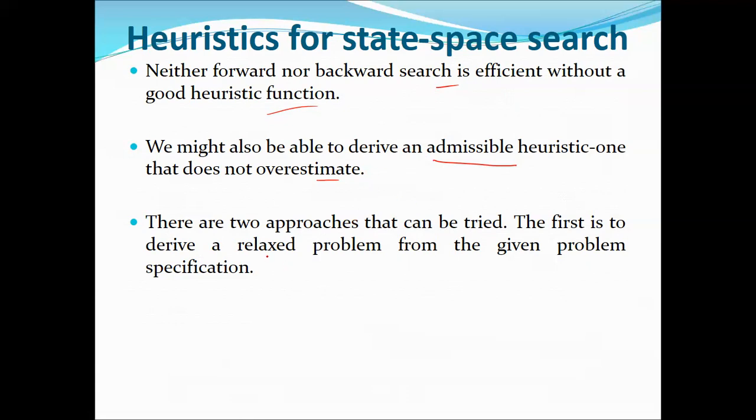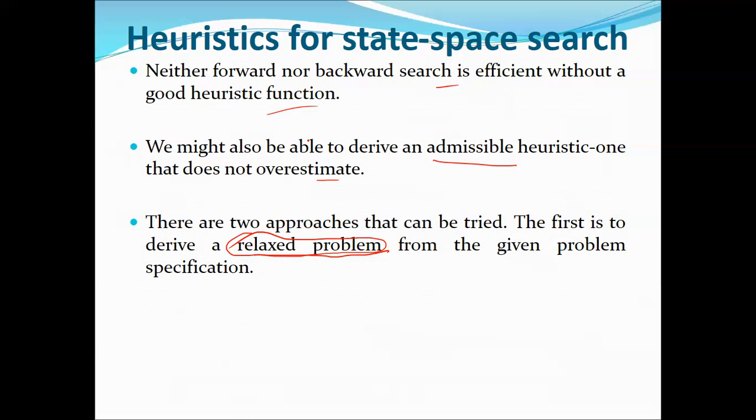The first method is to relax the problem, which we already discussed in cases like the 8 puzzle problem, where we saw how a heuristic can be identified. So the point here is that forward and backward state space search are not efficient unless you have a good heuristic function.